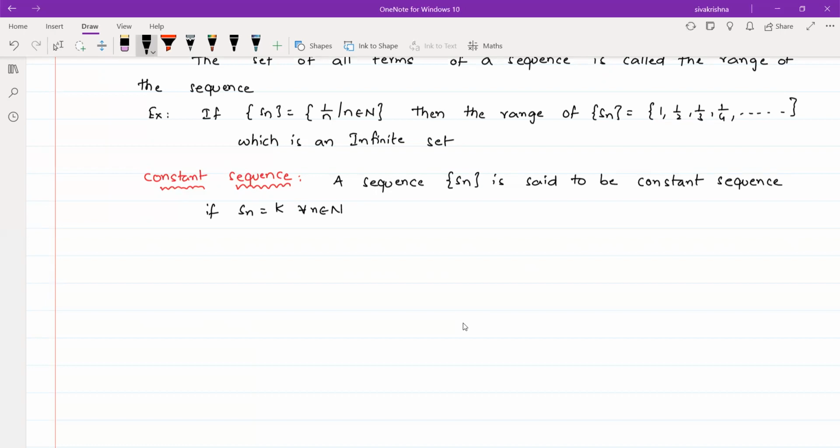S1 is the first element in the sequence, S2 is the second element, S3 is the third element.